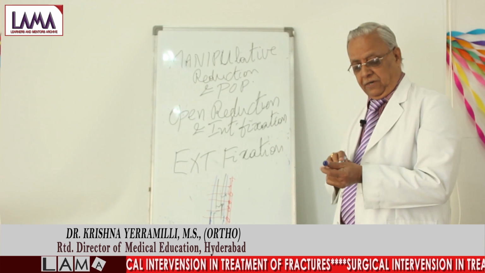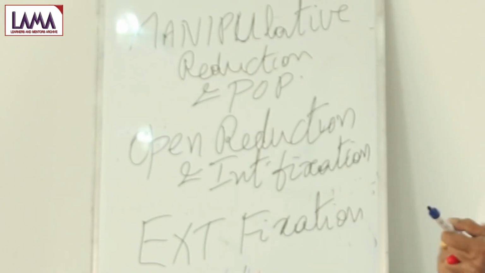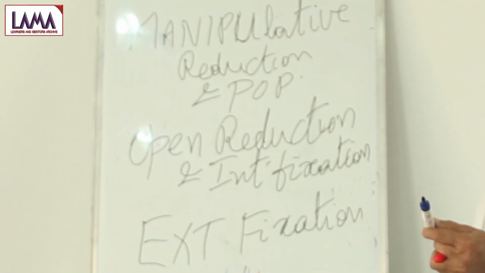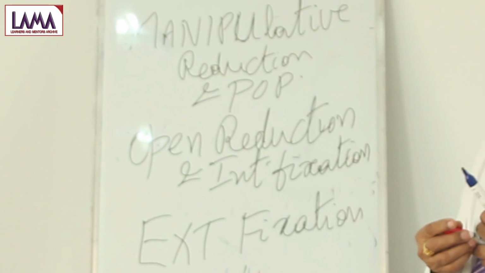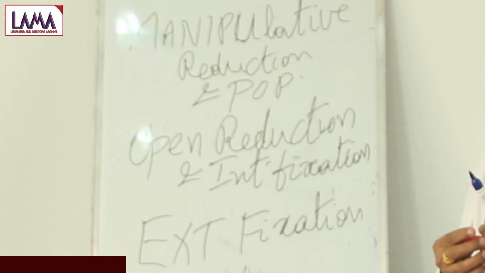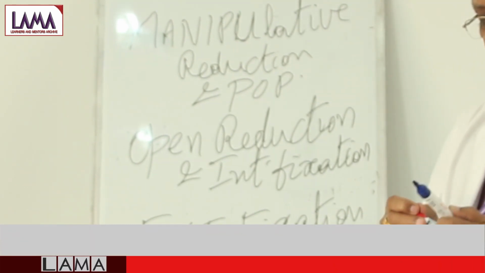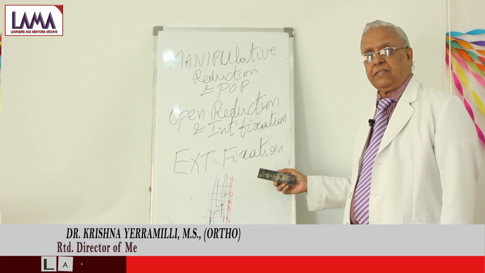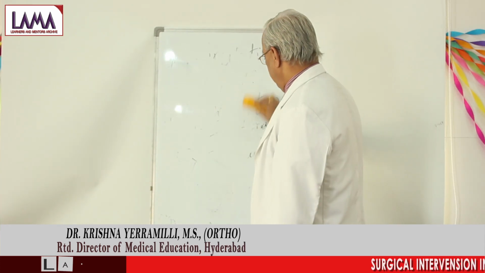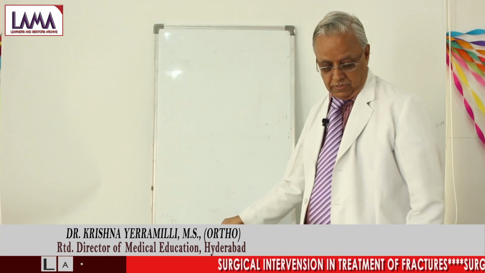These are the operative management options for fractures: one, manipulation with plaster of Paris after putting them in position; two, open reduction; three, external fixation. Having said that, let us go to the first one, that is manipulative reduction.